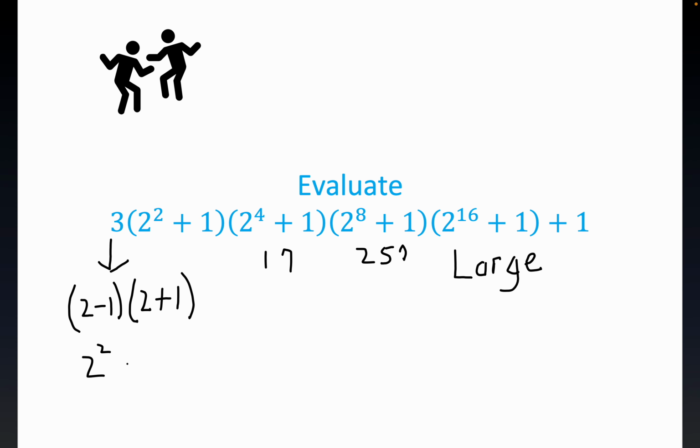So you see, in a strange sort of way, we're using the difference of 2 squares result, the very well-known result that says if you have the binomial a plus b times the binomial a minus b, the middle terms cancel out.